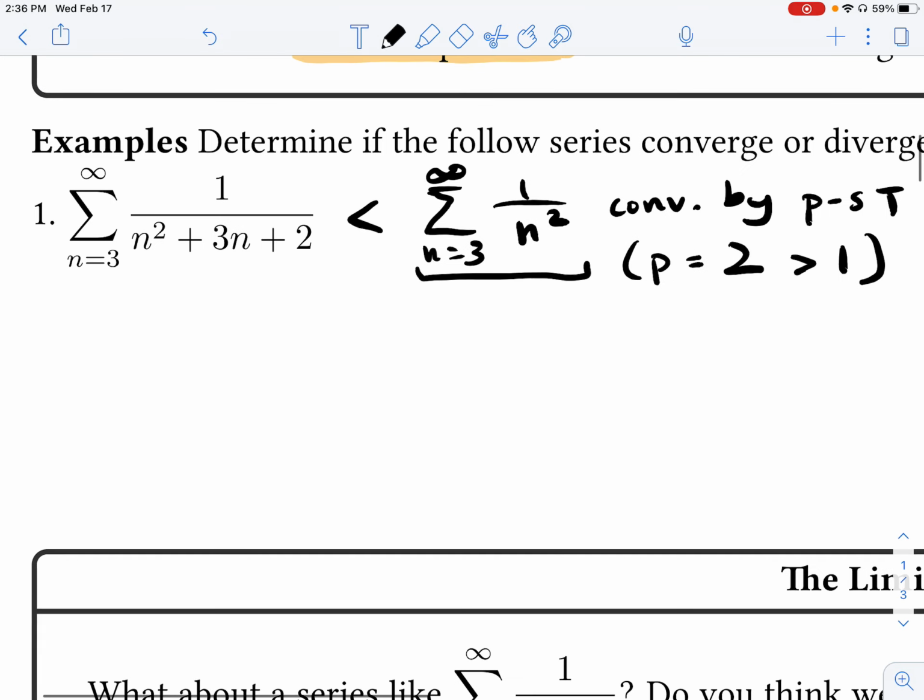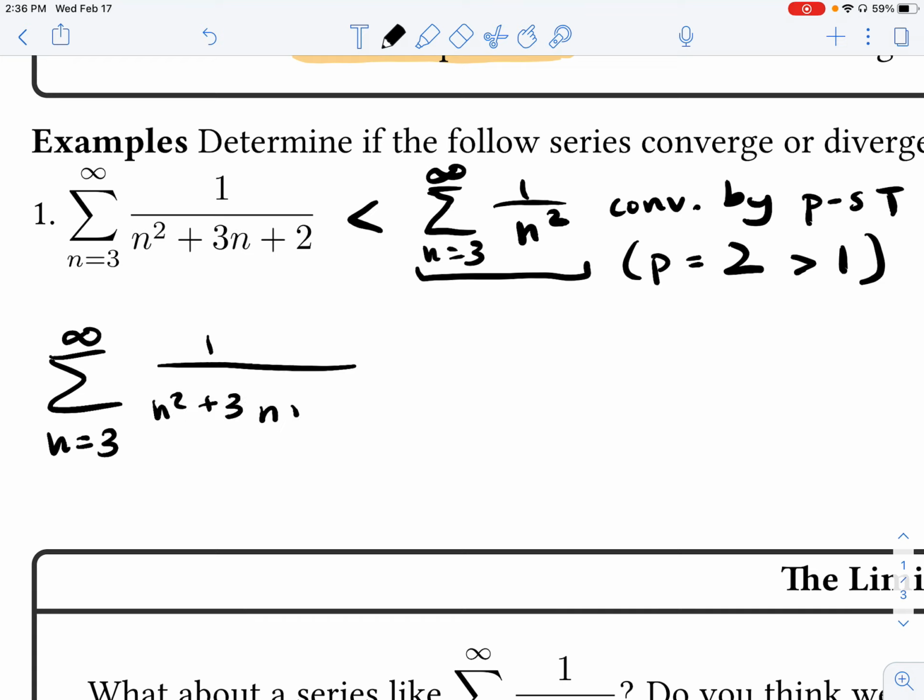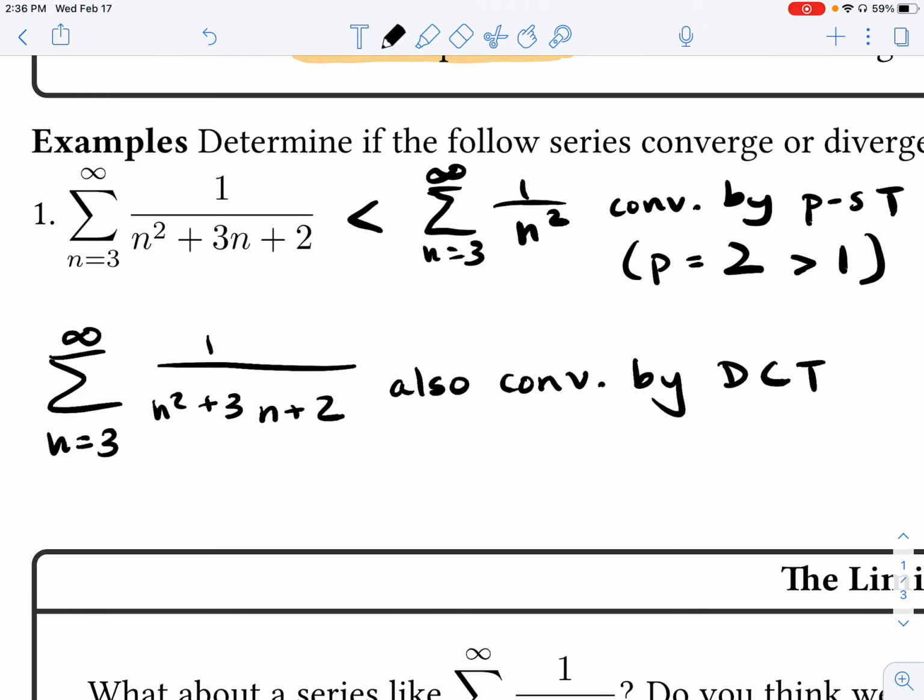So if you know that our larger series is converging by the p-series test, what does this tell me? This means then we need to write this: the sum from n equals 3 to infinity of 1 over n squared plus 3n plus 2. Let me just clear that out of the way. We know that this series then also converges by the direct comparison test.